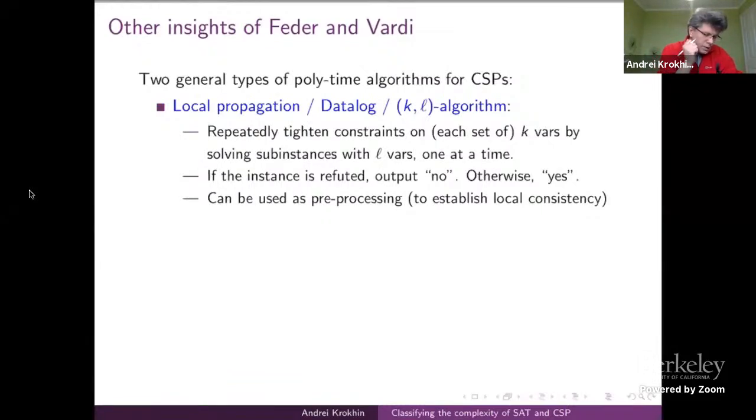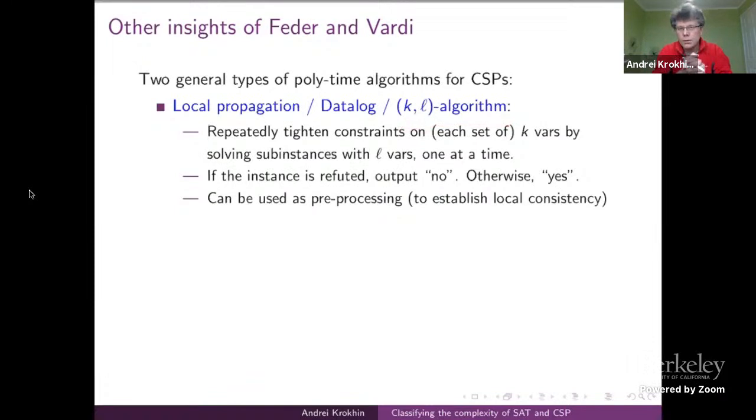So one idea was to introduce two general types of polynomial time algorithms that can be used for CSPs. One algorithm, well, it is known by many names, and it is the most natural algorithm you can invent for constraint satisfaction problems. It is based on local propagation, or its logical version called Datalog. Sometimes this is called the KL algorithm.